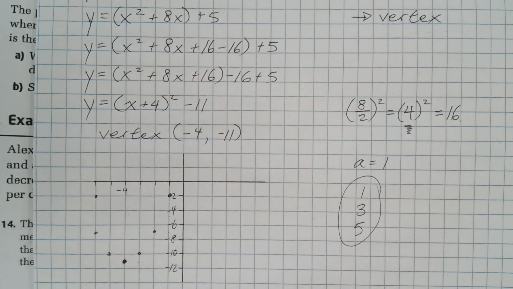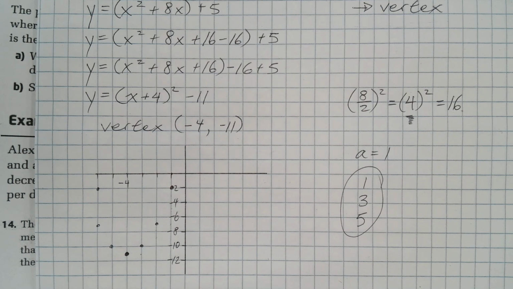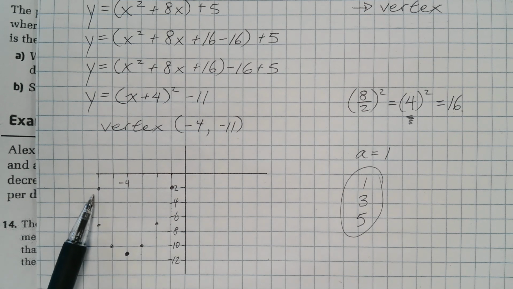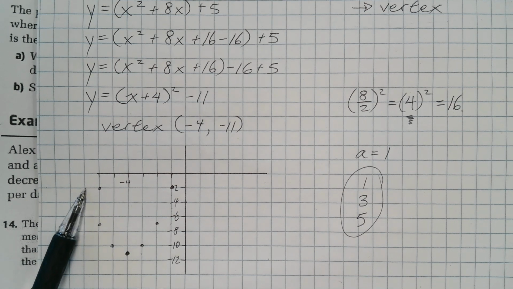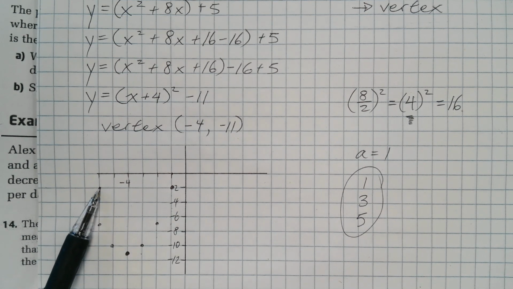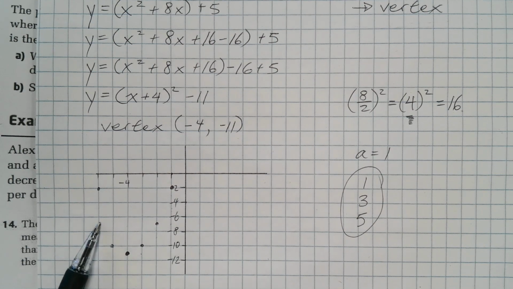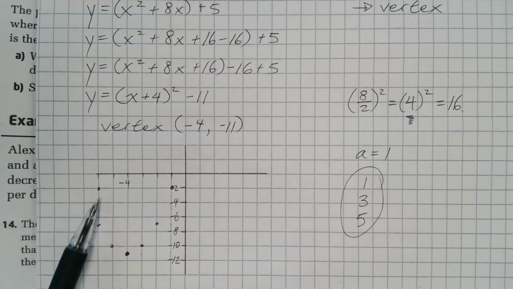Okay. Now, what's wrong with what I plotted? What's wrong? Yeah, notice this and this are on the same x value. That tells me right away I probably graphed it wrong.